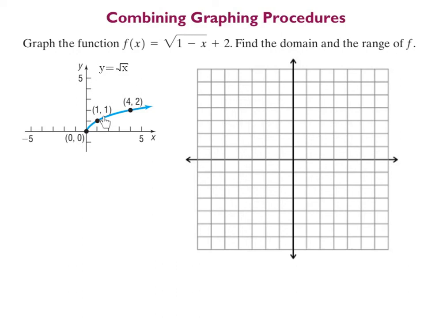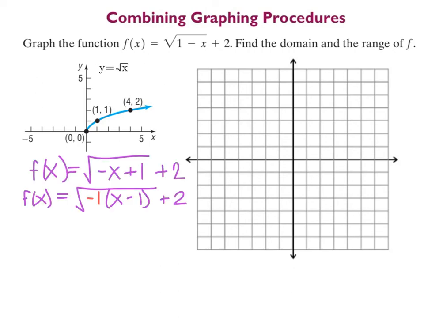So that's 0, 0, 1, 1, and 4, 2. So the tricky thing about this example is that my parent function is the positive x under here, but I have a negative. So I'm going to rewrite this function to see if I can't use my parent function a little bit easier. So in order for me to use my parent function graph, I need to have a positive x here, and I have a negative here.